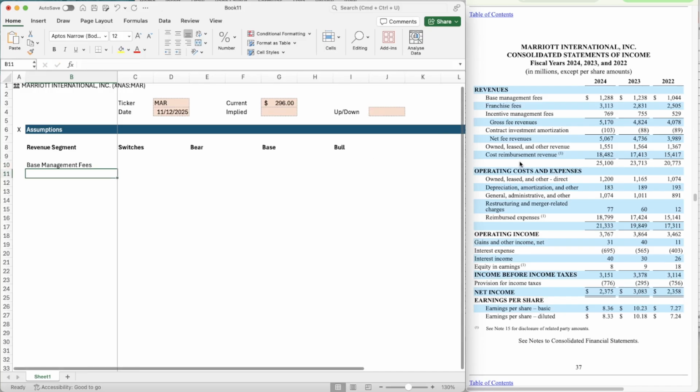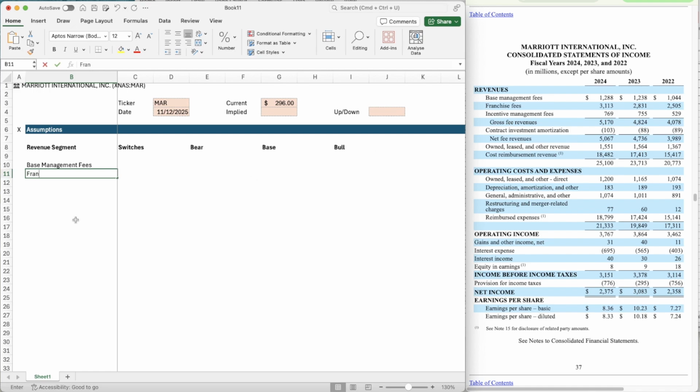We're just going to use these as each segment. Franchise fees, incentive management fees, and reimbursement revenue. Okay.